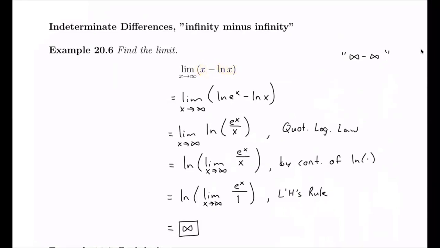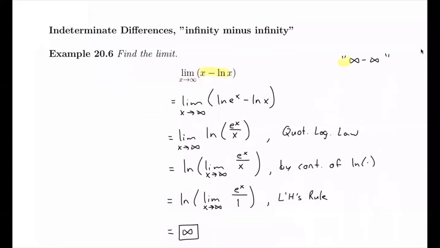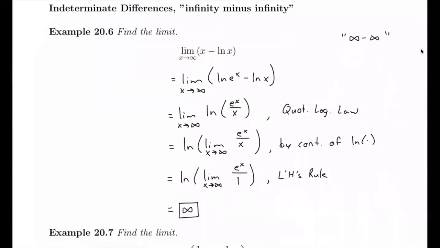So this limit, as x goes to infinity: of course, as x goes to infinity, this is going to infinity, and natural log x is going to infinity, and it's approaching infinity minus infinity, which is indeterminate. We don't know what that is until we do more analysis. So what I'll do, I want to introduce another logarithm, and we'll see why I do that in a couple steps here. I can write x as natural log e to the x from our cancellation equation.